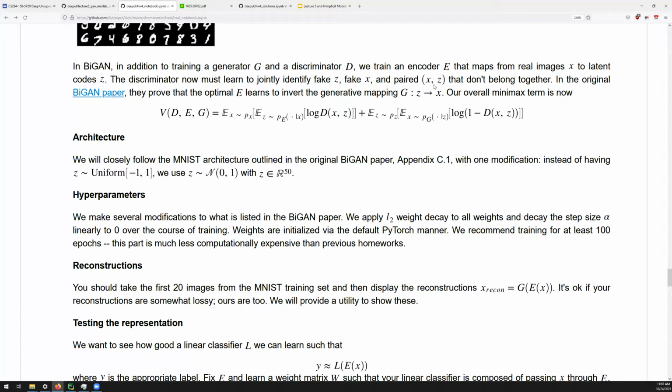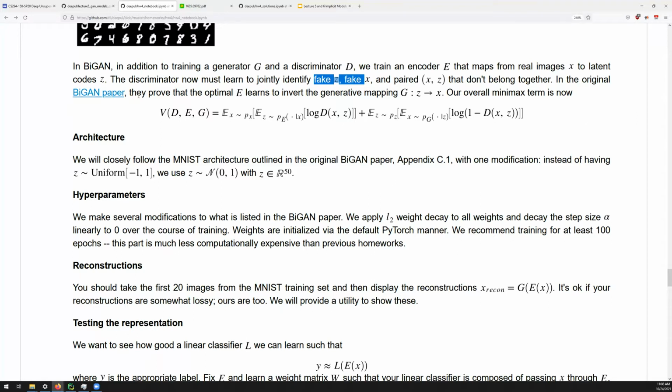So the discriminator takes two things, the image and the latent variable. Then we have the fake Z and fake X, and the real one, which is the encoder's encoded real image.